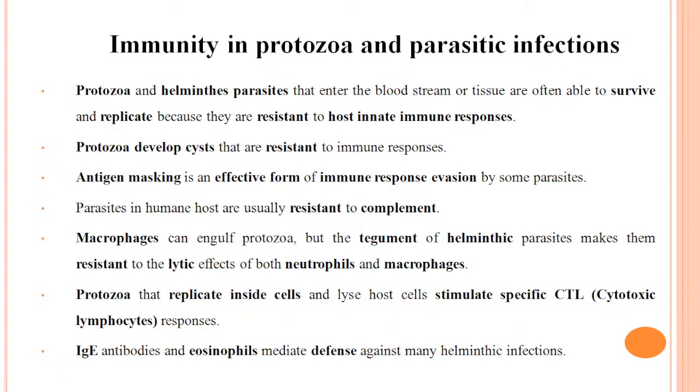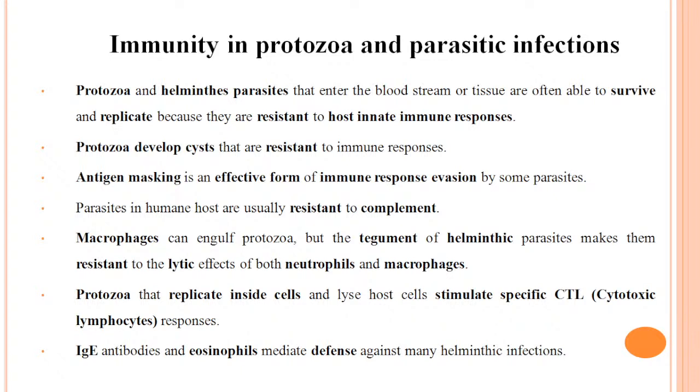Helminths or parasites can survive and replicate. They are very resistant to the immune response of the human organism. They are less immunogenic. Protozoa develop cysts that are resistant to immune response. That's why the immune response is low.